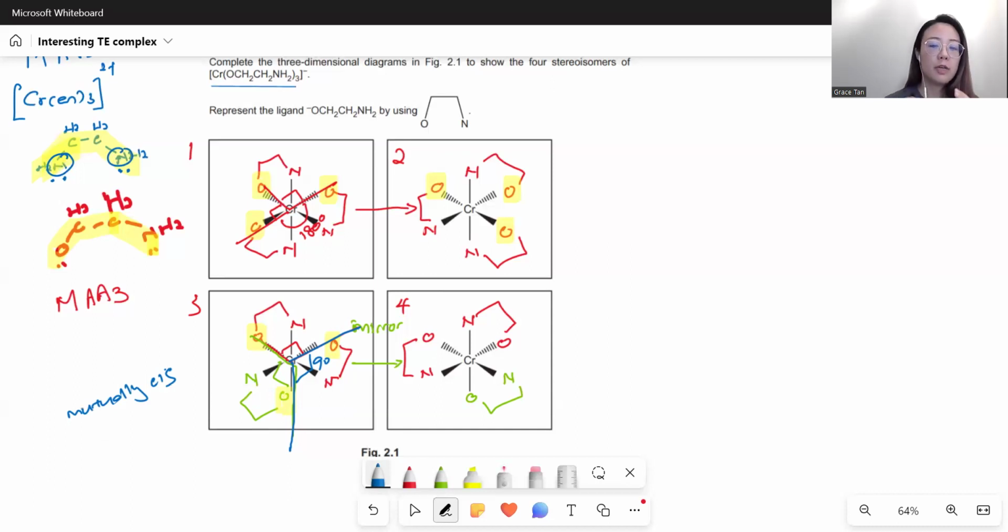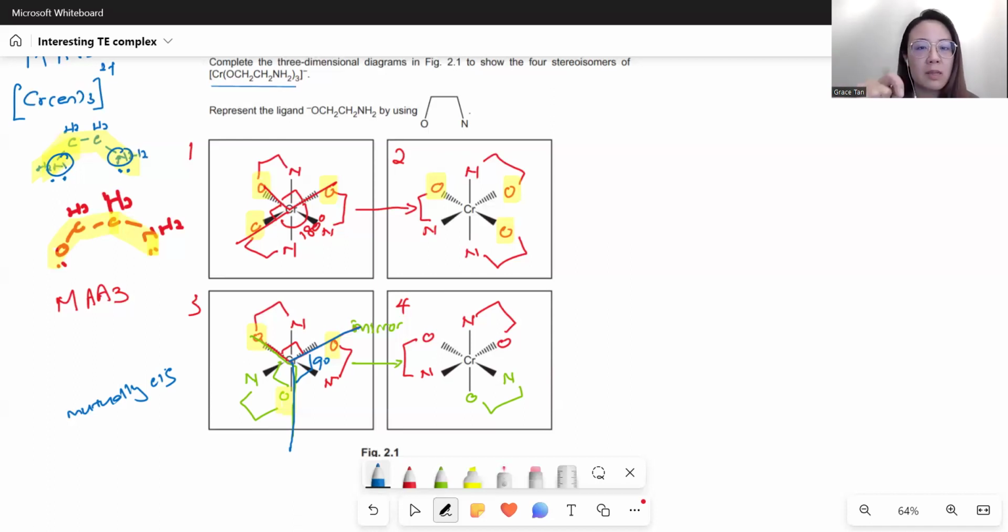So 3 and 4 is a mutually cis connection. And for your isomers 1 and 2, you have at least one relationship which is 180, that one is trans. You have cis, and you have one trans, which is 180, in the first isomer and the second isomer. So that is how we are able to create another pair of optical isomers.